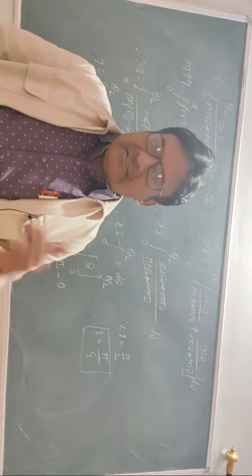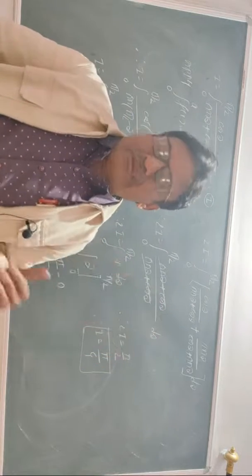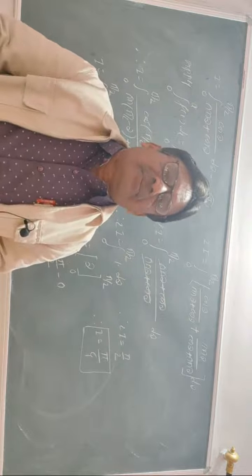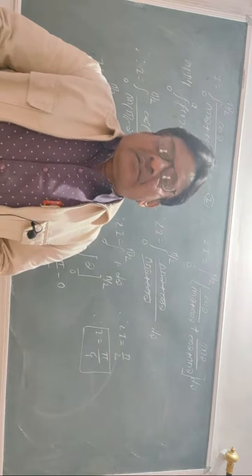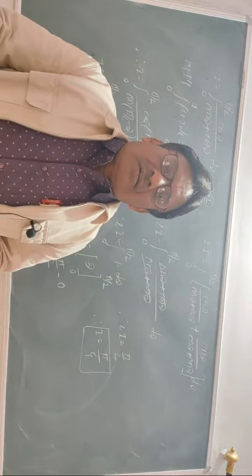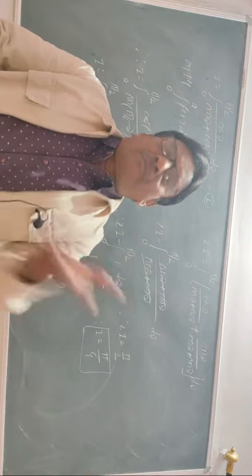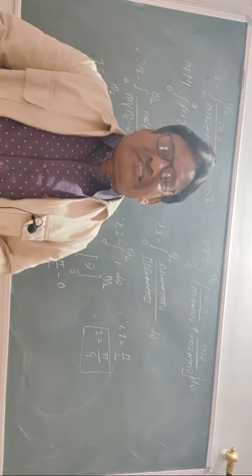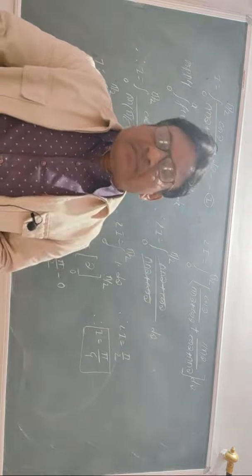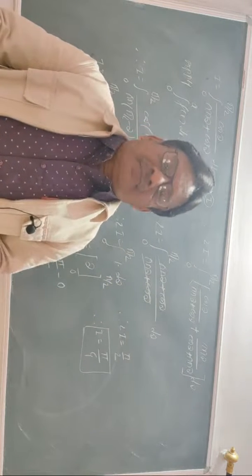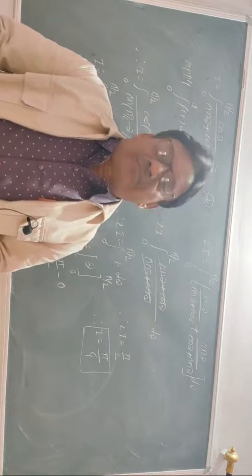And the definite integration is the integration from 0 to a of dx upon x plus under root a square minus x square. This is one very important problem for board examinations and for 4 marks. So remember the solution of this problem.